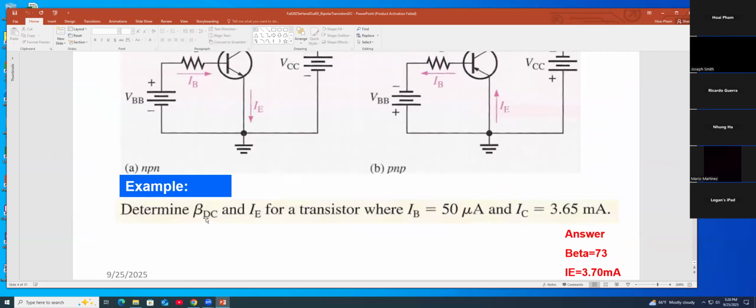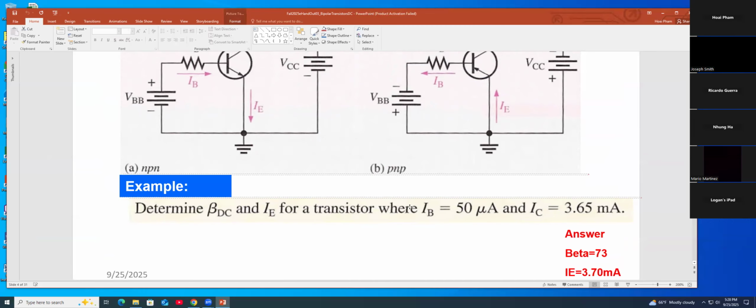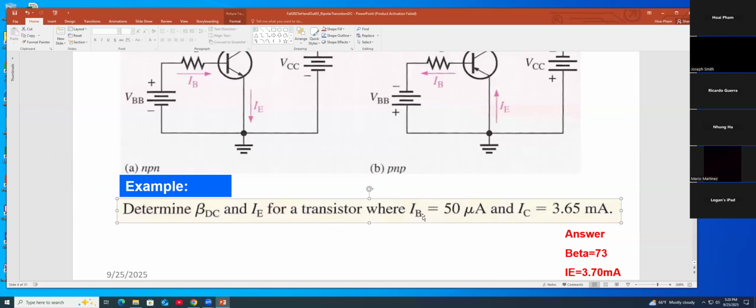They want to get the beta current gain and IE for the transistor. IB equals 50 microamp, IC equals 3.65. If you want to get the beta, the beta will be equal to IC over IB.